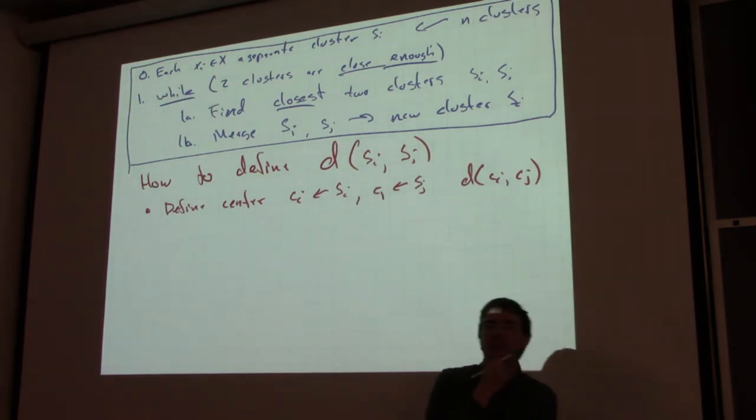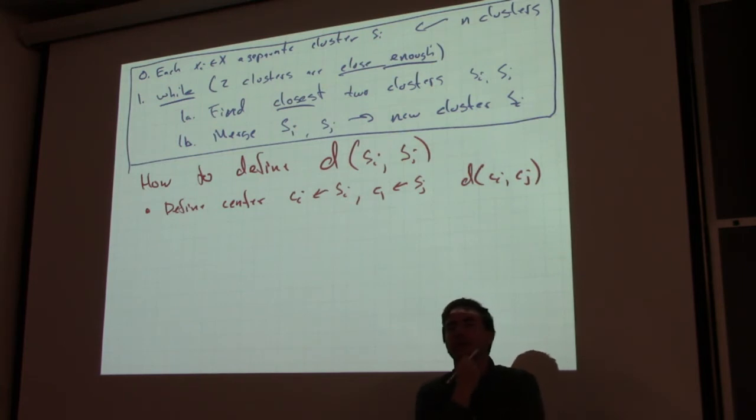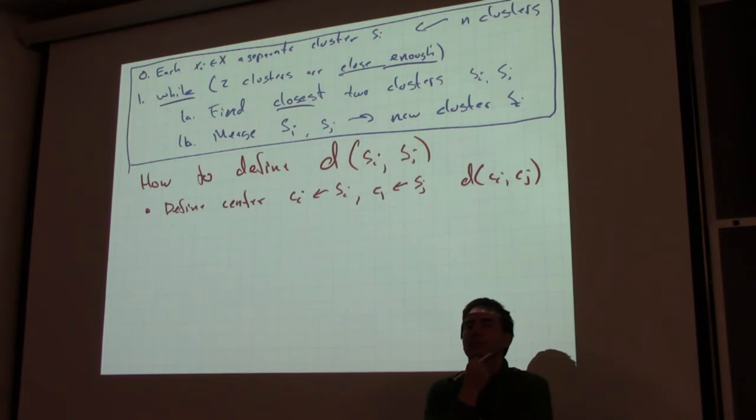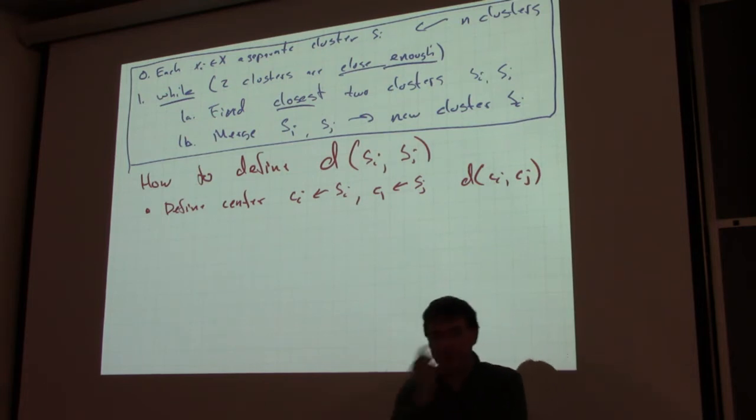So what do you mean by the centroid? Something, a point which has a distance from all the points that is maximized somehow. Or is minimized? Yeah, sorry, right, yeah.